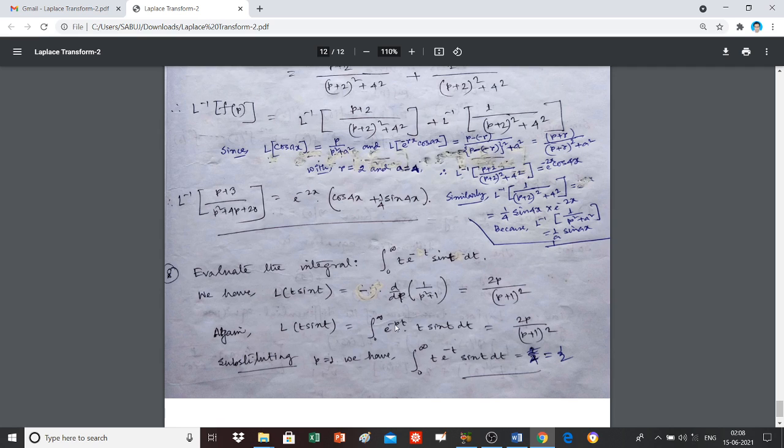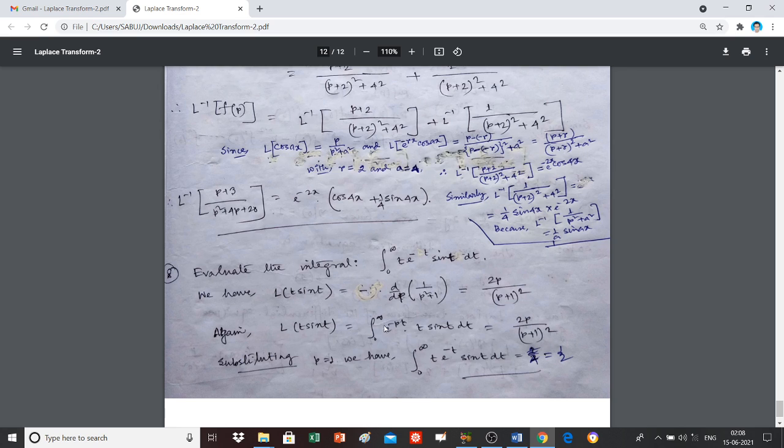Comparing these two relations, this integral is equal to 2p / (p² + 1)².